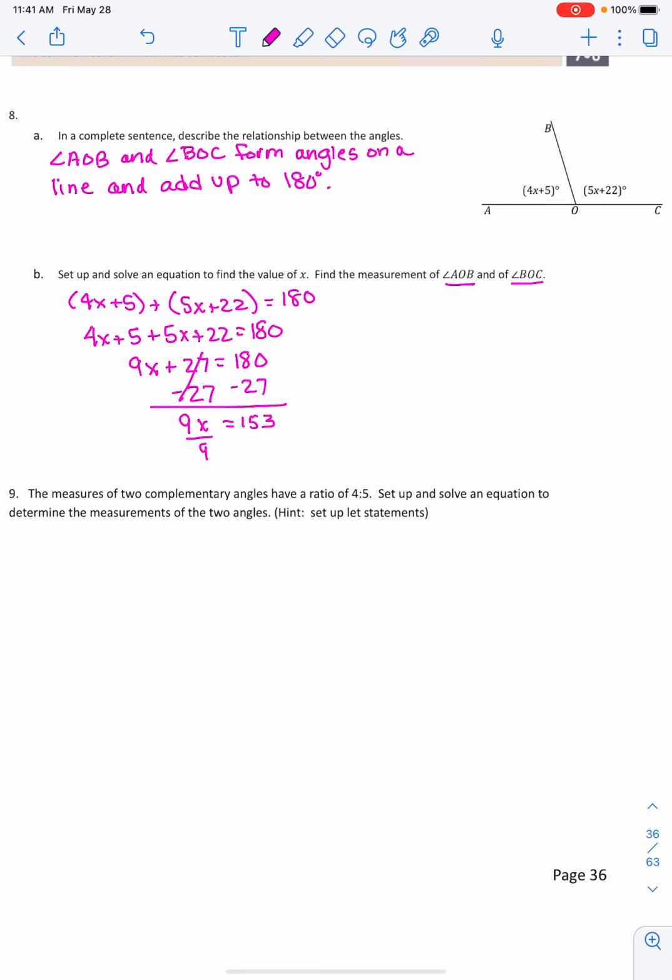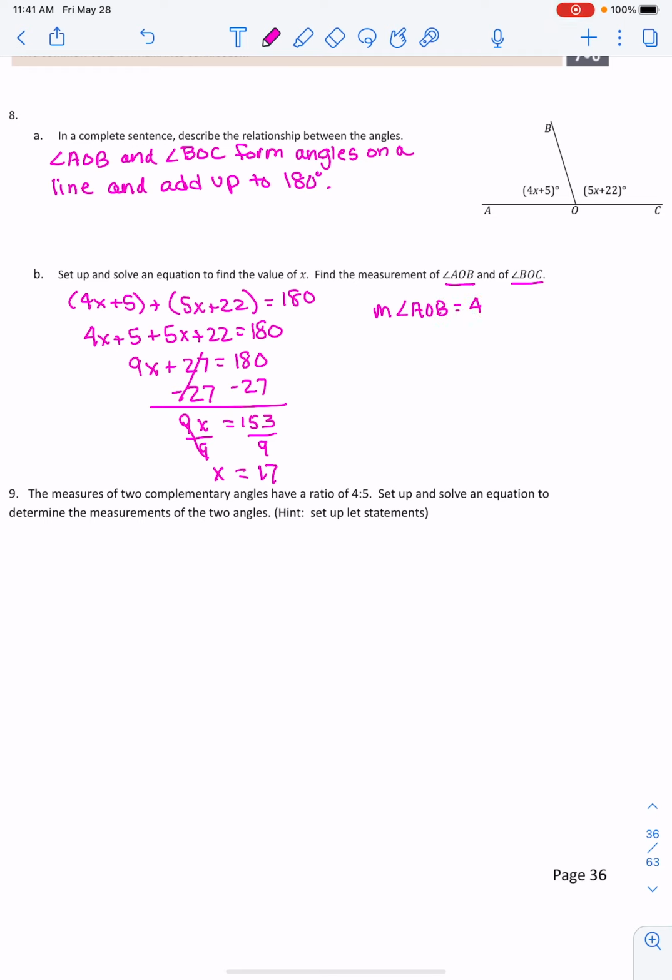And then dividing both sides by 9, I have x equals 17.